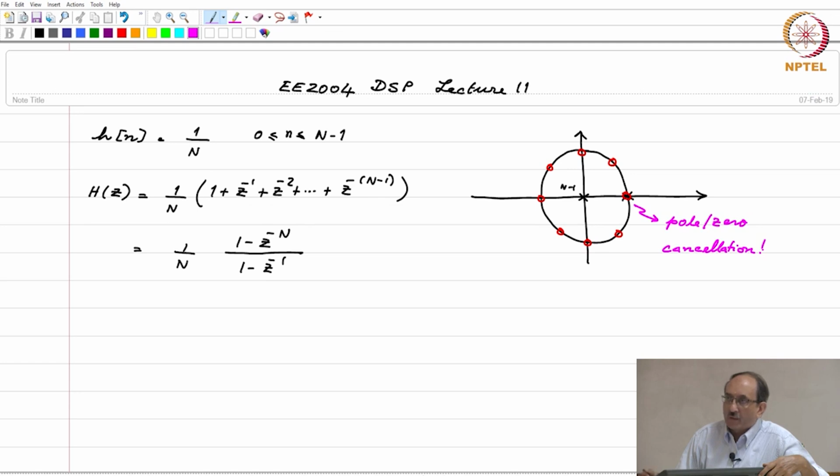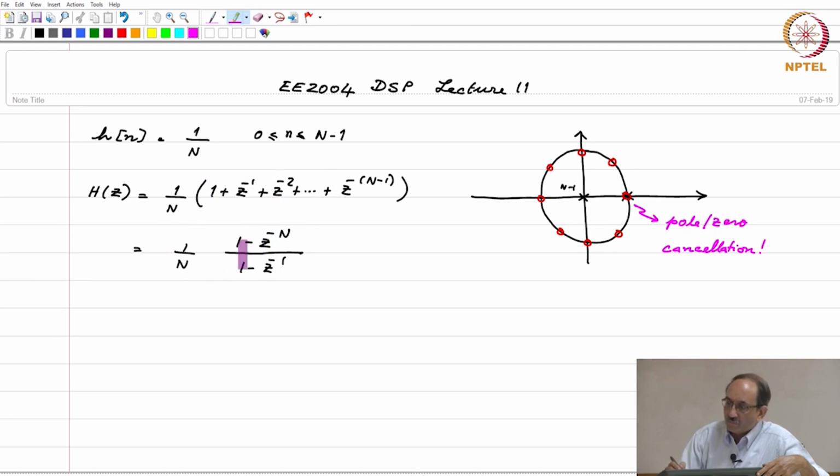In either case, it is an exponential that lasts forever. It is a one-sided exponential of infinite duration, either right-sided or left-sided. So the moment you have such a component in the impulse response, such a system cannot be FIR, whereas the system given here is indeed FIR.